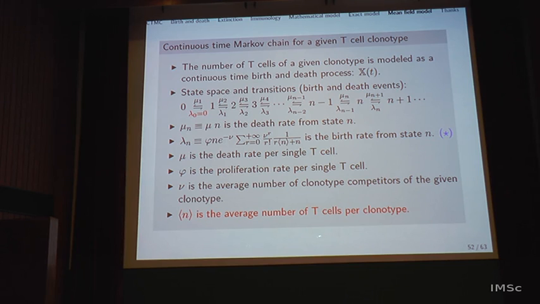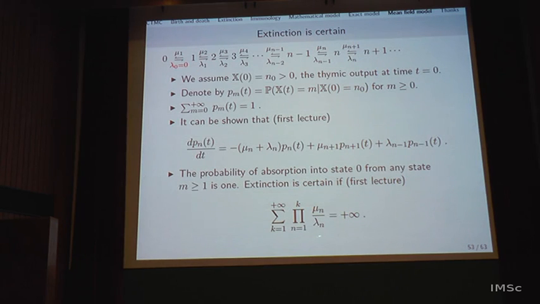Something that I will not show today, because my focus was to show the analytical work here, is that a posteriori you can show that this average N should come from a dynamical understanding of how the rest of the competitors do. So one can actually say that the regimes, particularly when you've reached this quasi-stationary behavior, in which this approximation gives you really the answer after all these events.